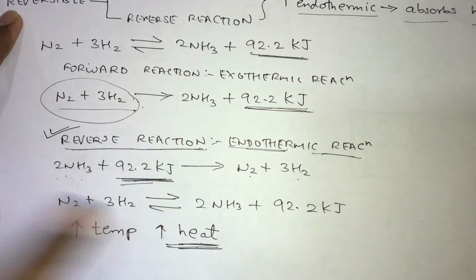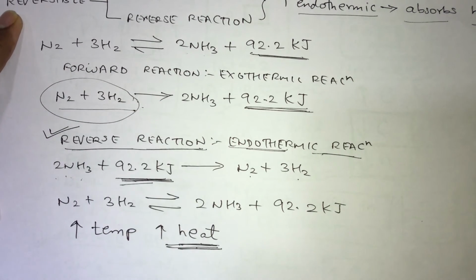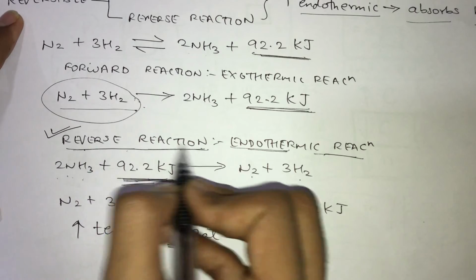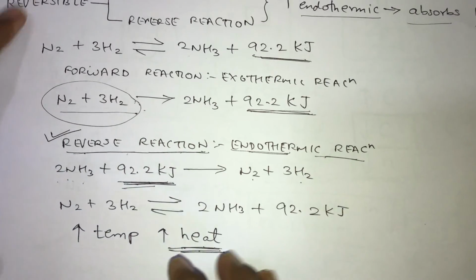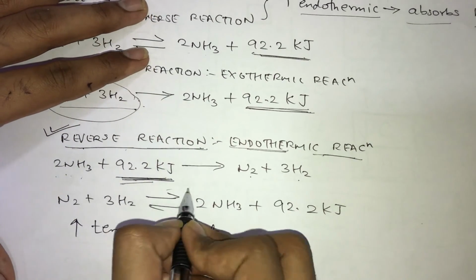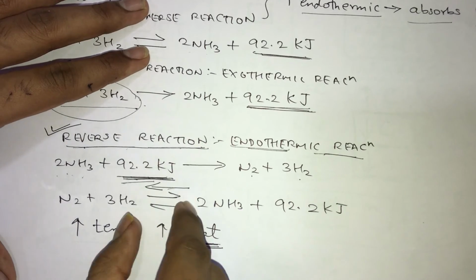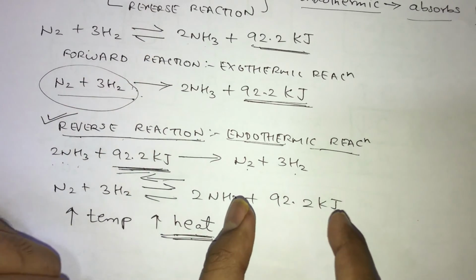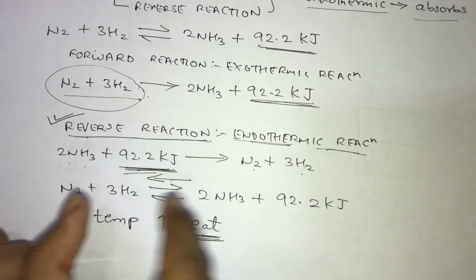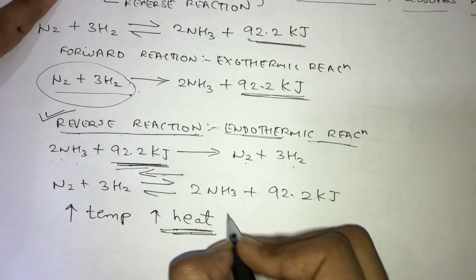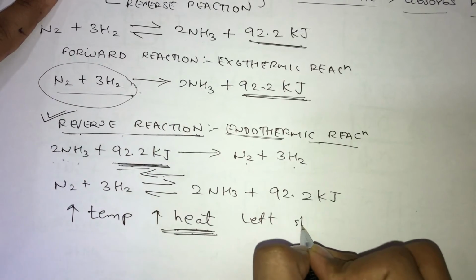The reverse reaction will be boosted and is going to dominate. So in this reaction the shift in equilibrium will be from right to left. Therefore we say that there is a left shift in equilibrium.